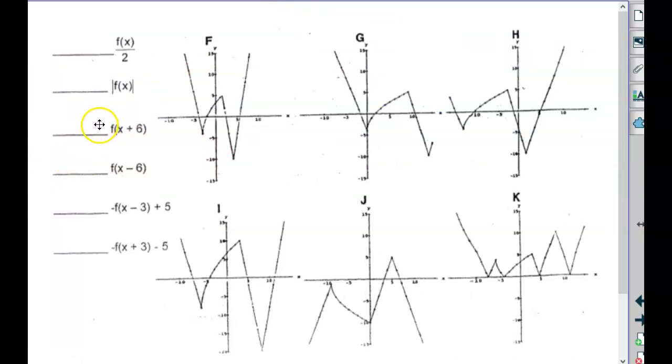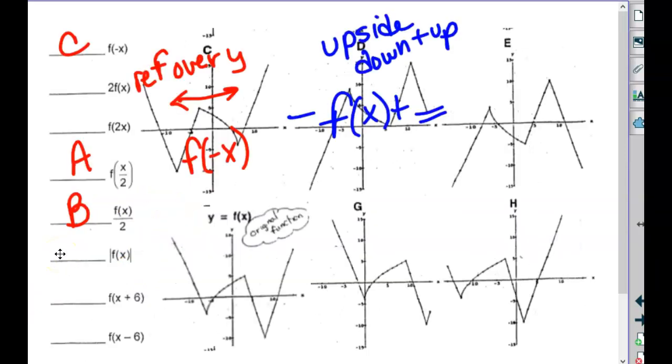Upside down. Oh, is it over as well? Well, upside down and up looks like this one. Let's go. Oh, I guess it is over too. Oh, wait a minute. Okay.